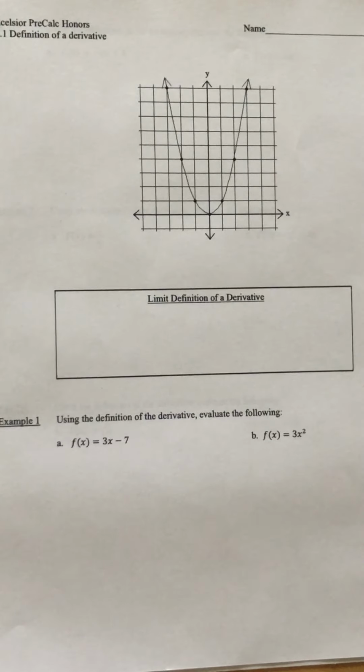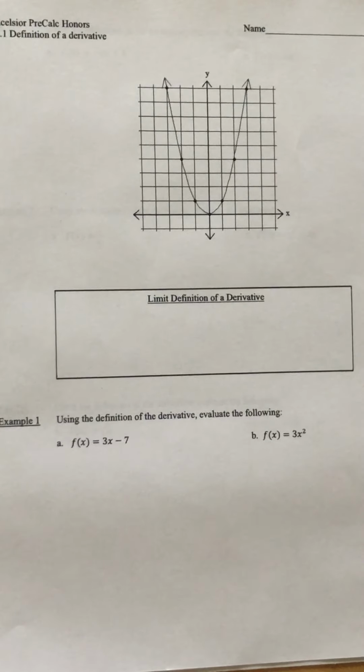Now we're going to look to simplify. This is where the algebra comes in. If I distribute this 3, I get 3x plus 3h, take away 7. And then I have to distribute here: minus 3x plus 7, and that's all over h.